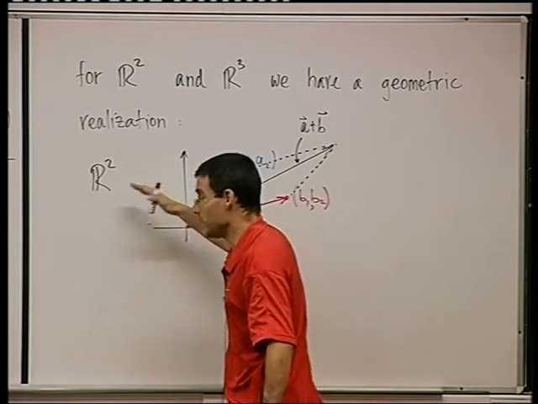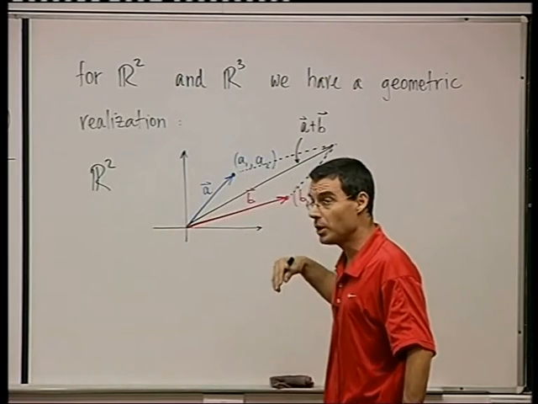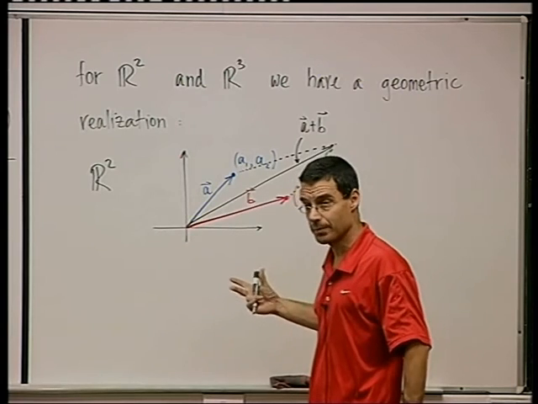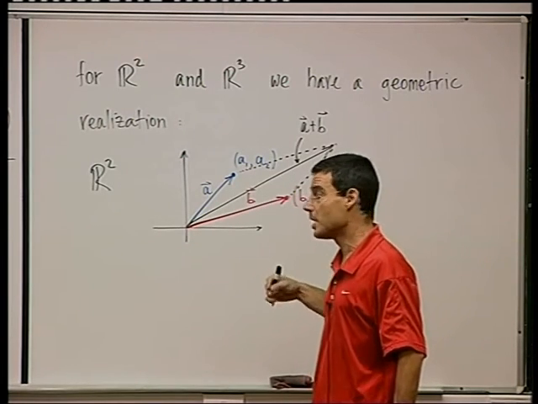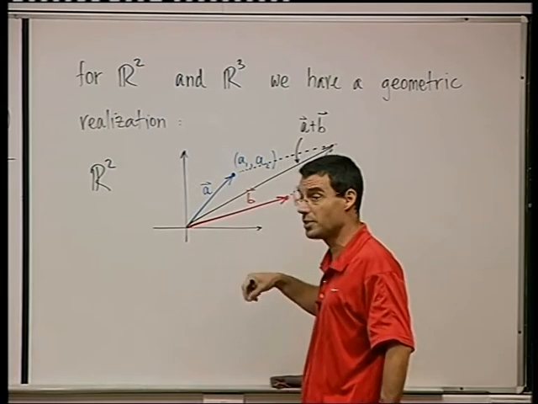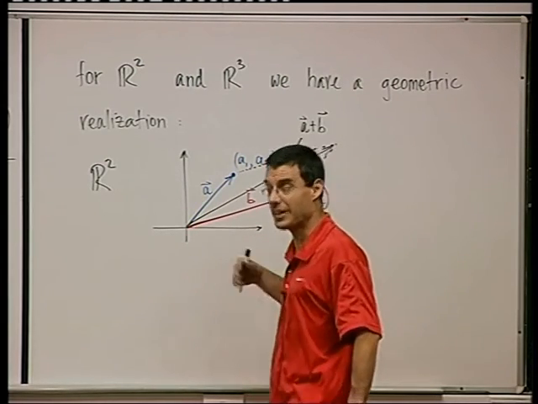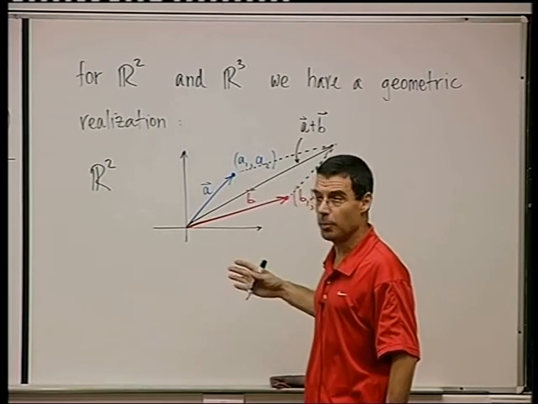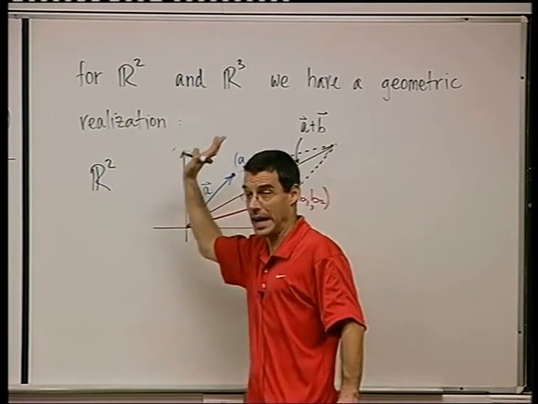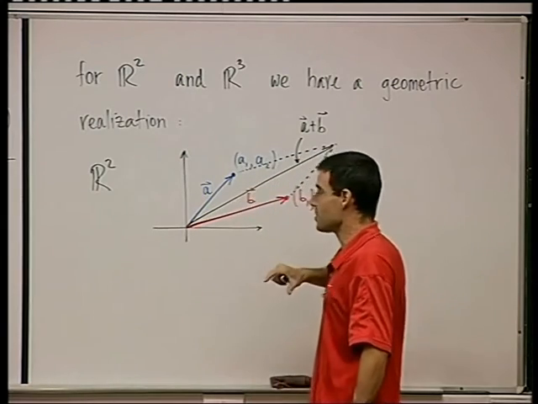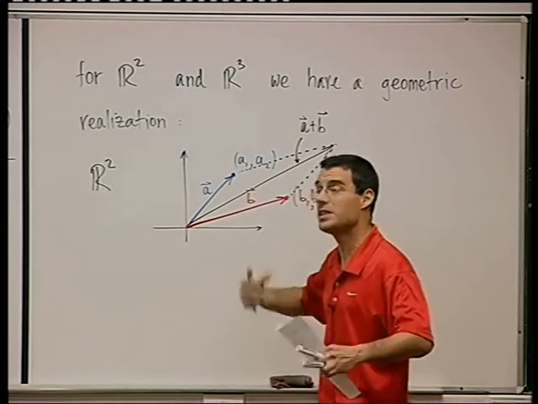In R2 and R3, we often define more operations, more products. Okay? So for example, there's a product of two vectors called the scalar product, and there's a product of two vectors called the vector product. The scalar product can be extended to any Rn. I'm not telling you what it is right now. The vector product is something that is really intrinsic to R3.